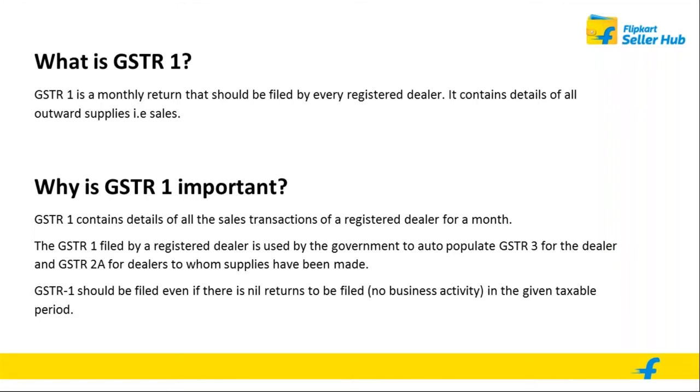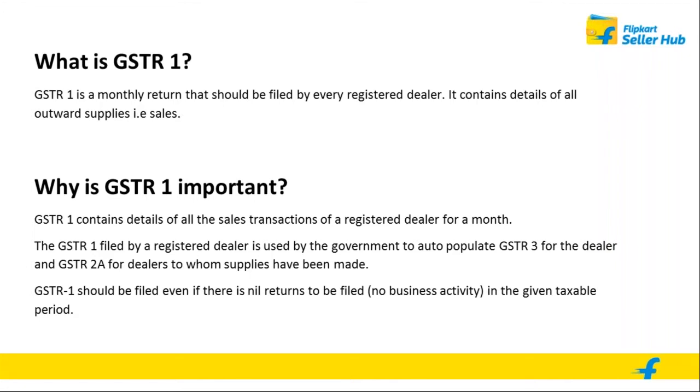The GSTR1 filed by the registered dealer is used by the government to auto-populate GSTR3 for the dealer. So every GSTR filing that happens, they're all interlinked. So if you are filing GSTR1, your dealer will get a GSTR3 which is auto-populated with the details that you have given in your GSTR1.